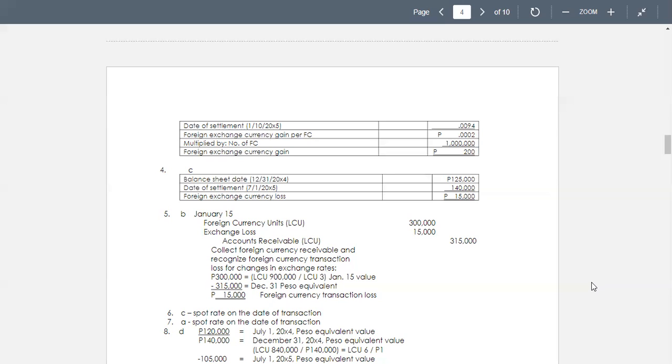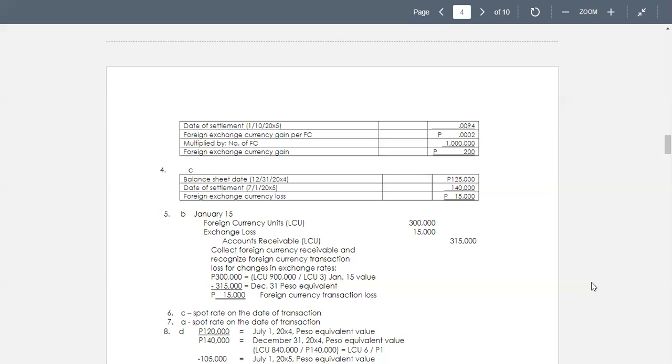Next, number 6. Which of the following would be included in the journal entry to record the purchase? So in number 6, we have the spot rate on the date of the transaction.